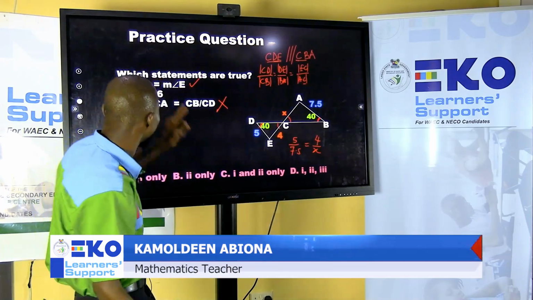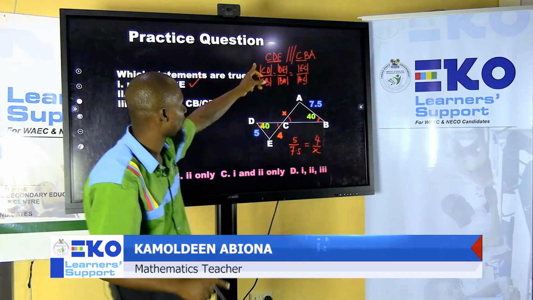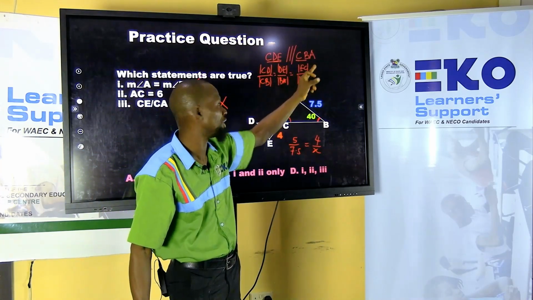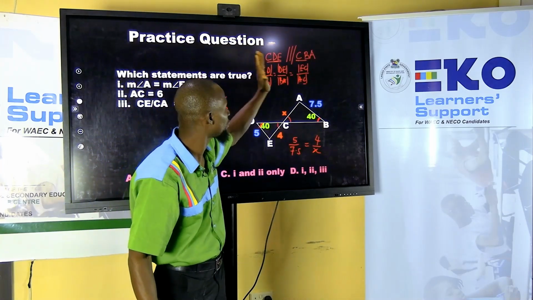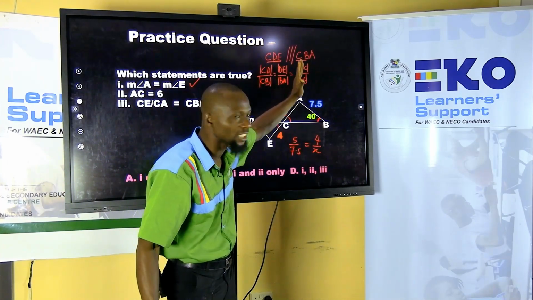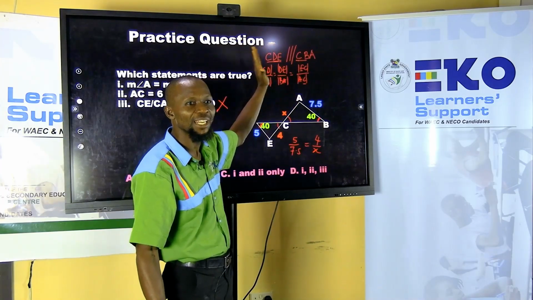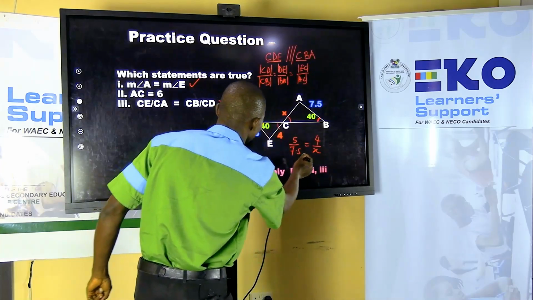The first thing is to get which triangles are similar, in that order. We have got that CDE is similar to CBA. Then you begin to pick first and second, second and third, first and last. So let's cross multiply.